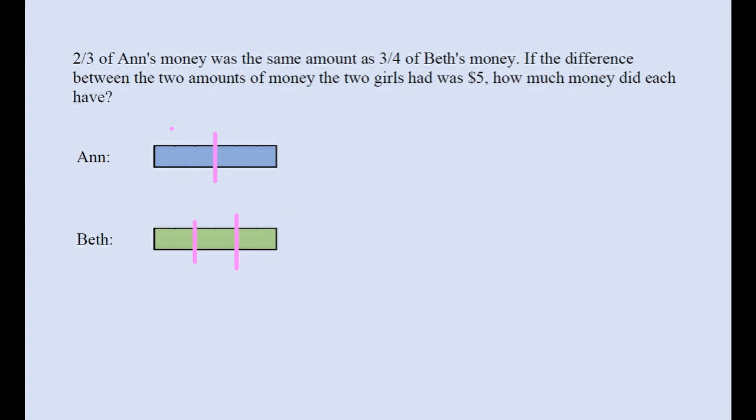So once again, this piece represents Ann's 1/3. I can use that to construct Ann's 3/3 or her whole amount, and here each piece represents Beth's 1/4, and I can use Beth's 1/4 to construct Beth's entire amount. So what I did here is basically I cut Ann's amount into 6 equal pieces and Beth's amount into 6 equal pieces.